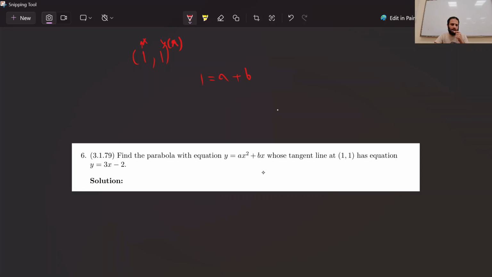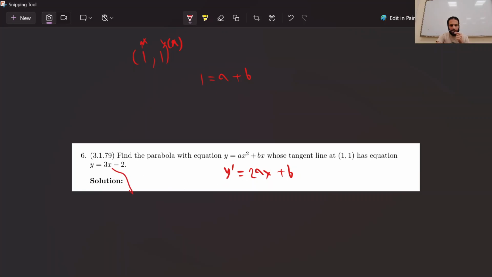Now the other equation. How to get the other equation? Yes, from the derivative and the slope here, right? So let's differentiate this function. y prime equals what? 2ax plus b. Good.